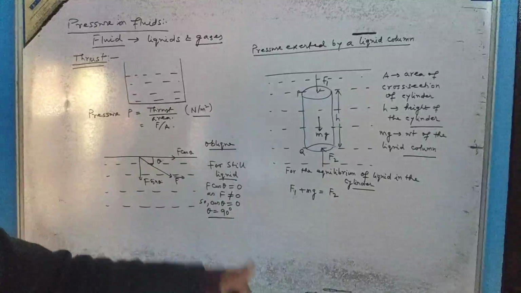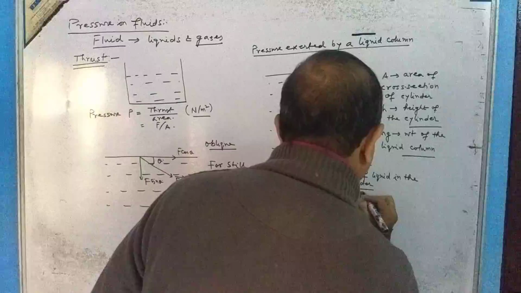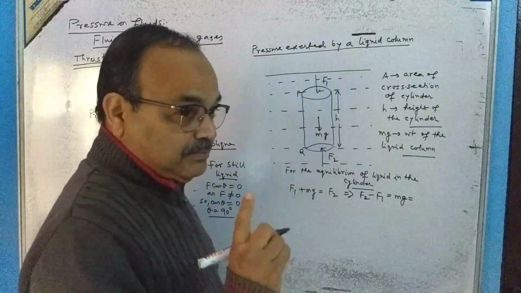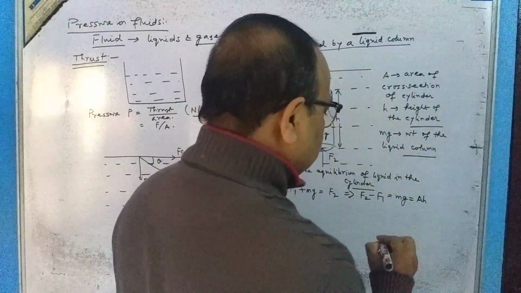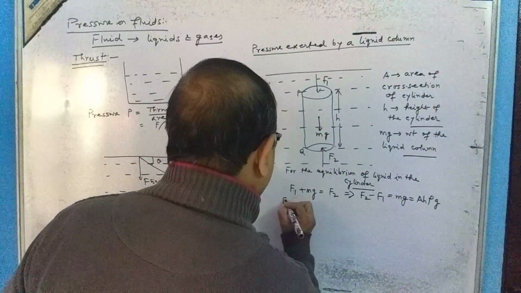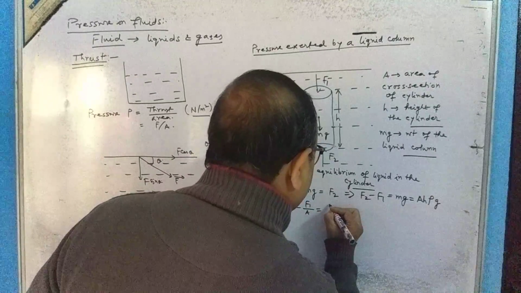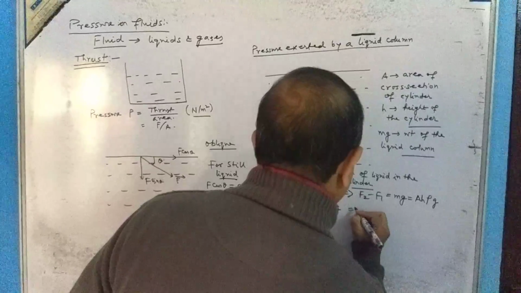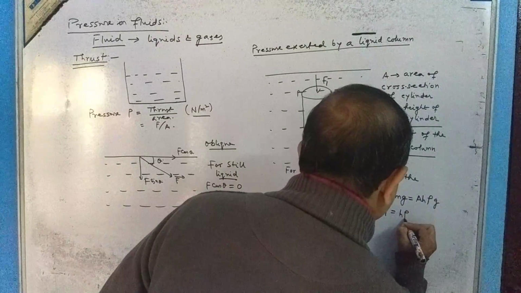As I told you, net downward force should be equal to net upward force, which implies F2 minus F1 is equal to mg. mg means what? It is area into height, which is the volume, into rho, the density, into g. Or I can write F2 by A minus F1 by A should be equal to H rho g. Or we can say here P2 minus P1 should be H rho g.